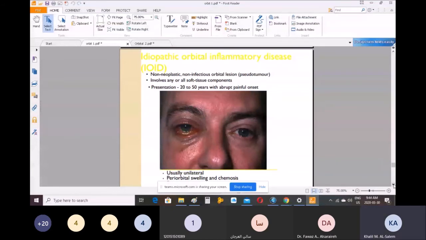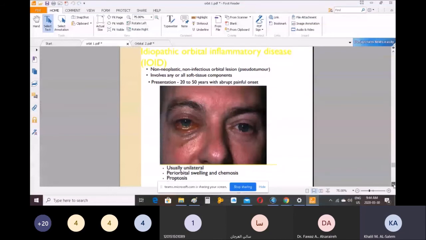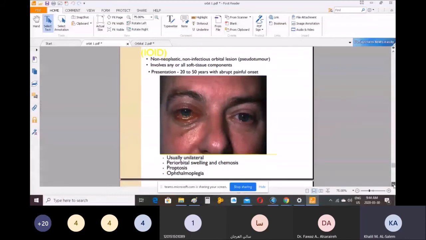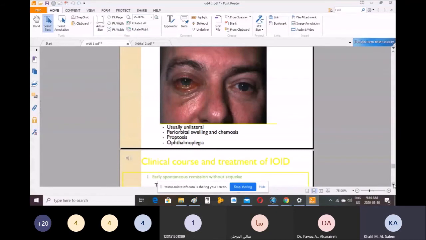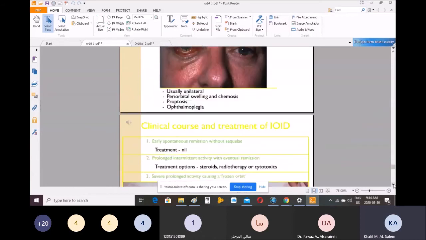A 20 to 50-year-old with a focal swelling, usually at the lacrimal gland area, but it can affect any other part of the orbit. The treatment is steroid. You give them oral steroids and sometimes intralesional steroid. It will help this disease a lot.